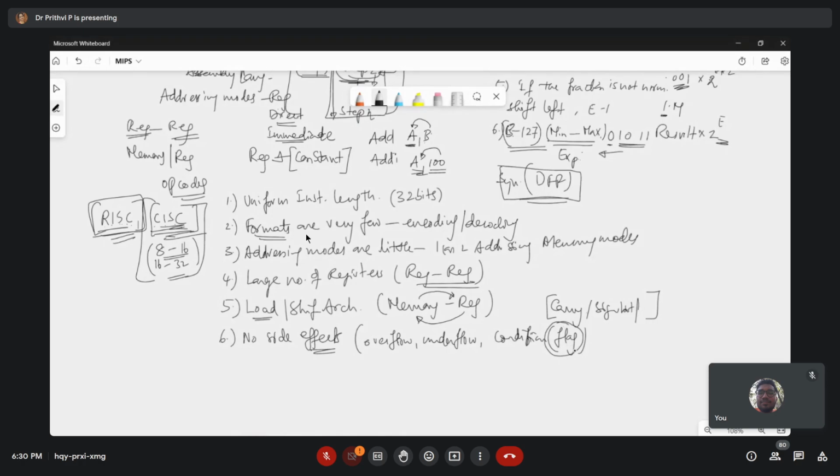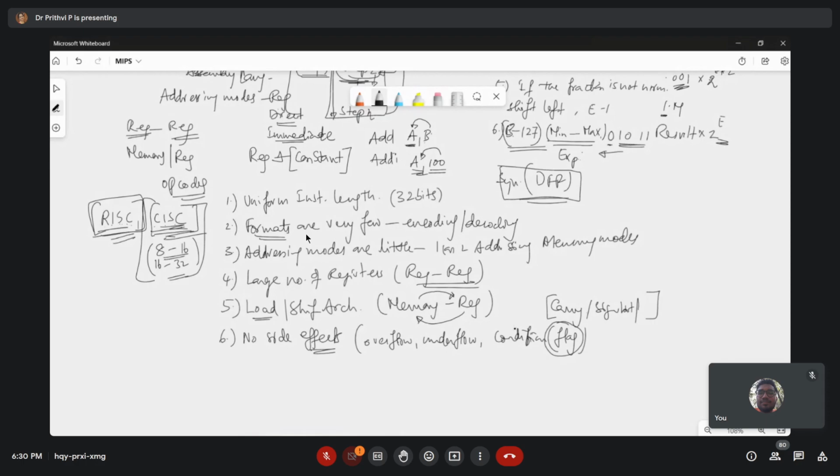So these conditions are the after effects of the operation. Okay, when you perform an operation, there can be a carry generation, a sign bit changing, or into the sign bit you will have the result overflow. All these we call side effects.